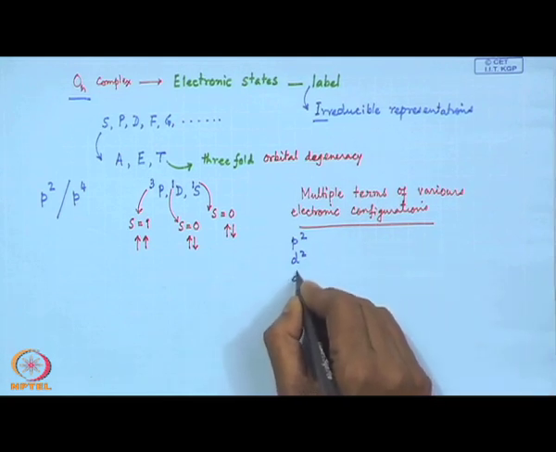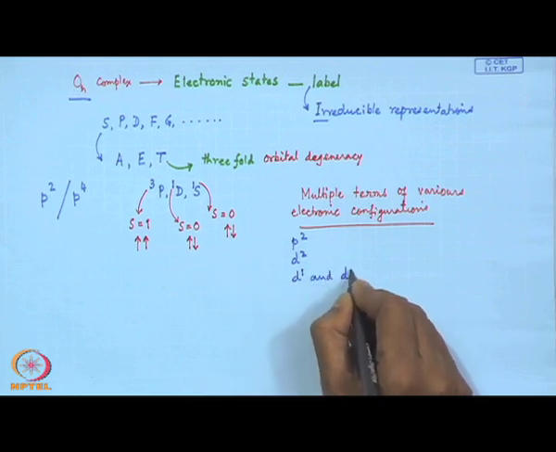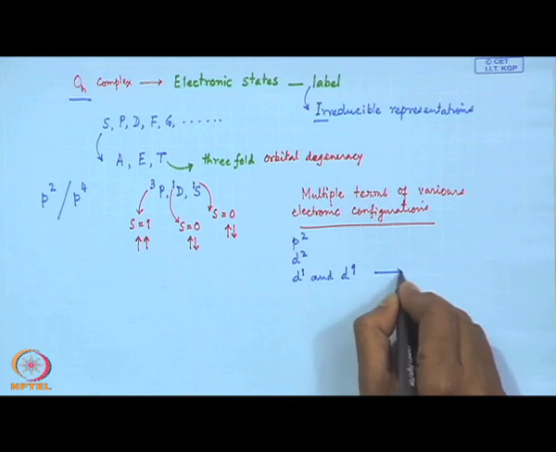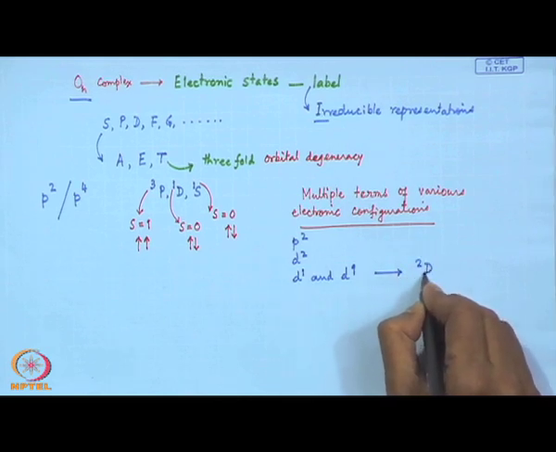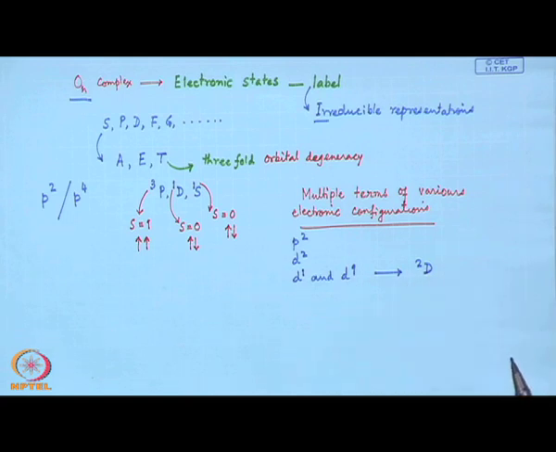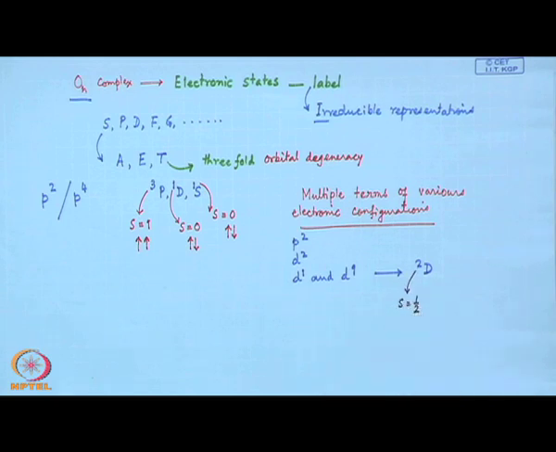For d1 and d9 systems, we have the corresponding term as 2D, because we have only one unpaired electron. So, one unpaired electron is giving rise to a single half spin. So, the capital S is equal to half.